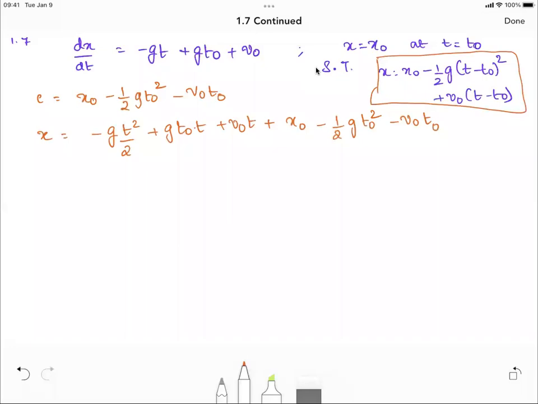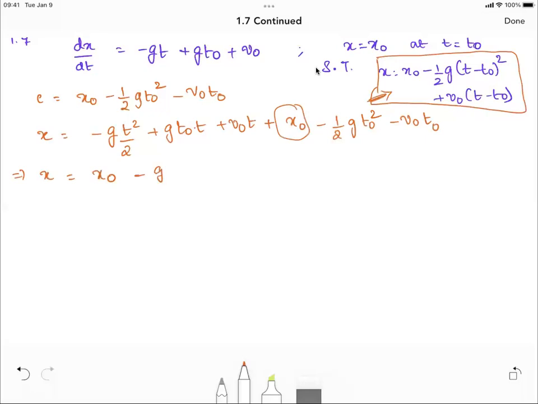So now that we have substituted it, let's see how we can show that this is actually equal to this. Let's bring x0 to the very front. Now let's get the t squared and t0 squared terms together.